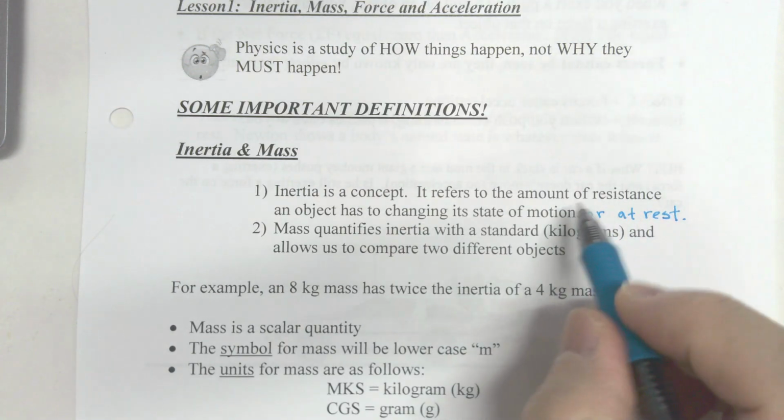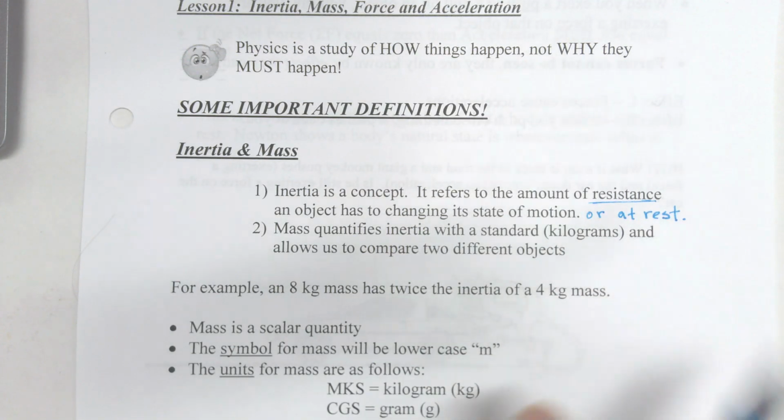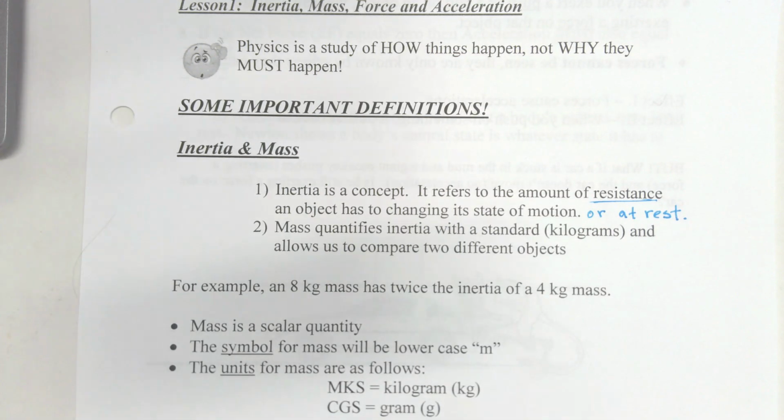Since it is a resistance of current state, whether it's in motion or at rest, the more massive it is, the more inertia it possesses. So it's very important to understand that mass and inertia are pretty much equivalent.